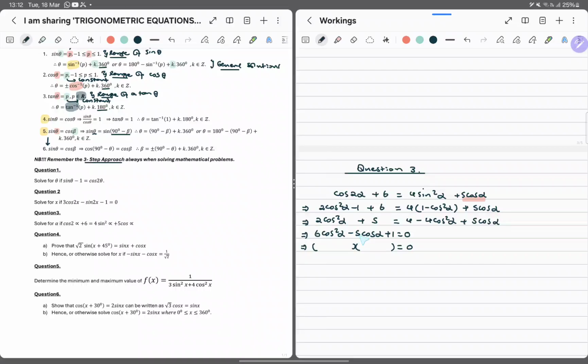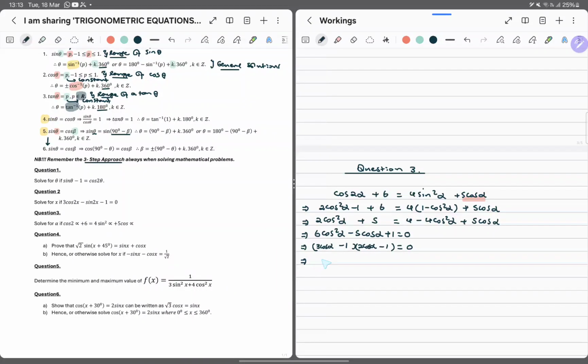So we want 5. Both brackets are negative because the last term is positive and the middle one is negative. So we need 3 cos alpha and 2 cos alpha, and then we're going to have minus 1, minus 1. Can you see? Minus 3 cos alpha plus minus 2 cos alpha will give us minus 5 cos alpha. So this is done.